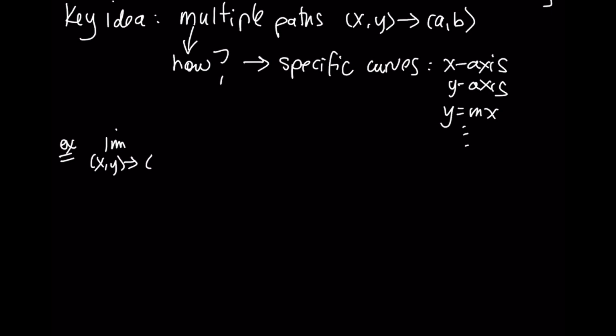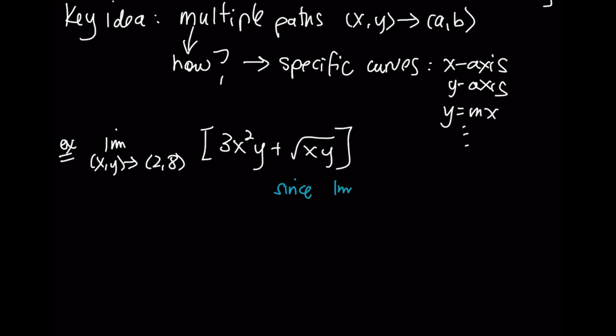So for example, if I had the limit of this function, 3x squared y plus the square root of xy, the fact that we have these two basic limits, since the limit of x is going to be equal to 2 in this case, and the limit of y is going to be equal to 8, since both of these exist, that means the limit laws will apply.